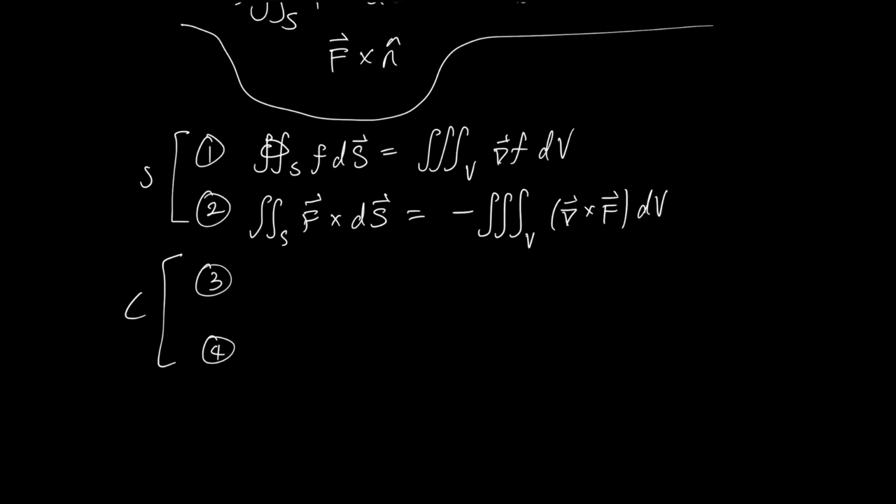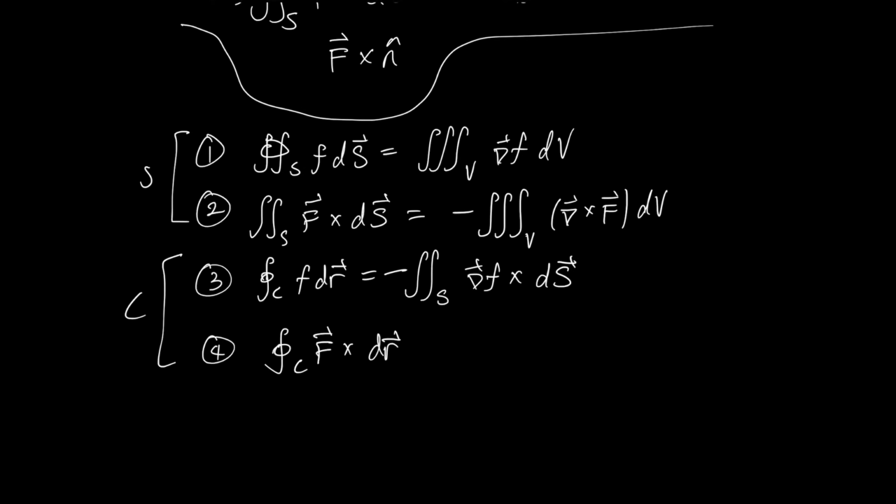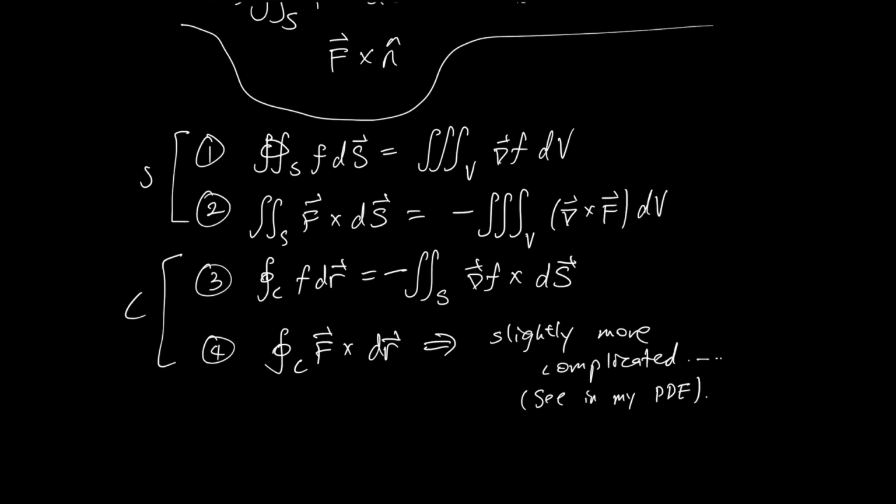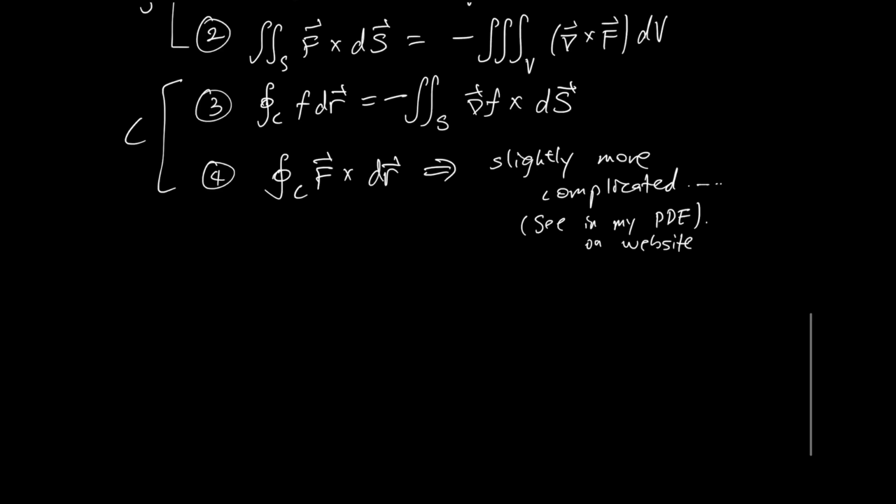And of course, these two are over the closed curve C. And lastly, this one is the line integral of f cross dr. However, it turns out that this one is subtle and a little bit more complicated than the other 3, because when you do the derivation, you will realize that one of the integrals doesn't actually simplify very nicely. But it still has a fundamental theorem, so it's still valid.